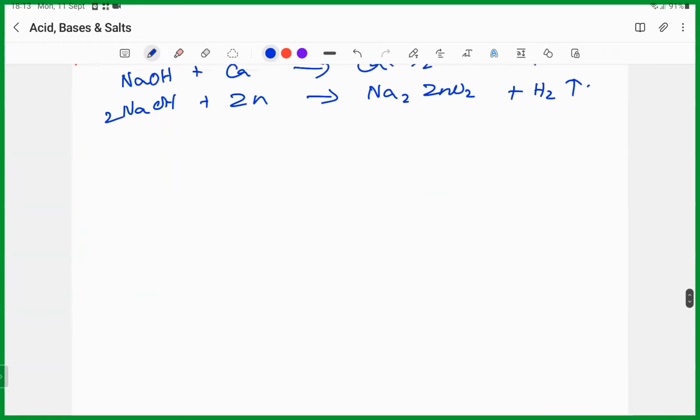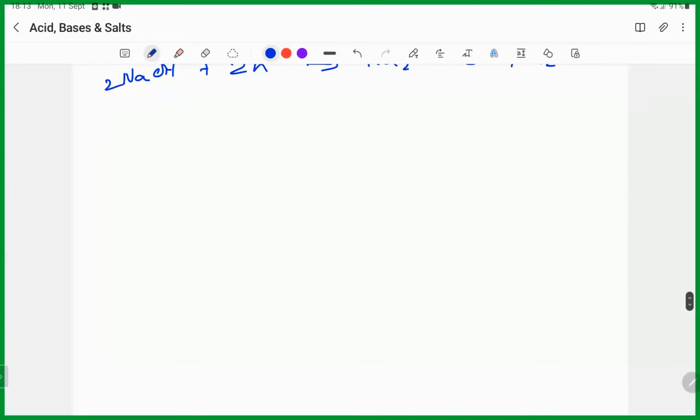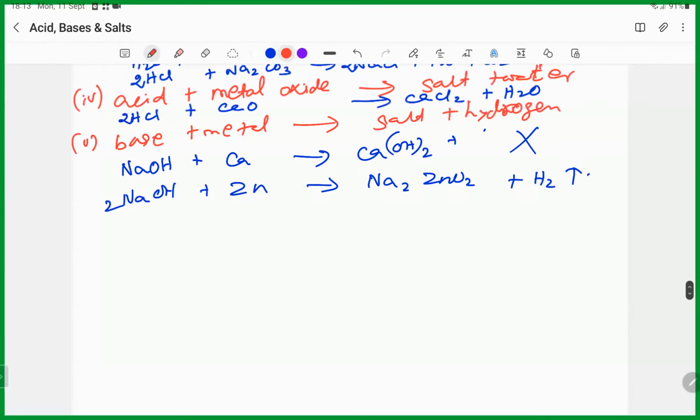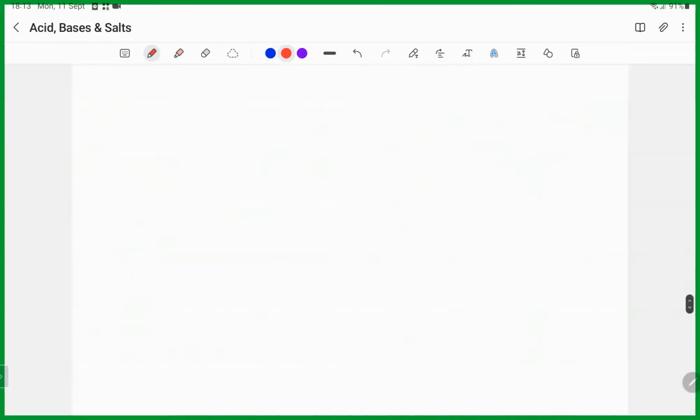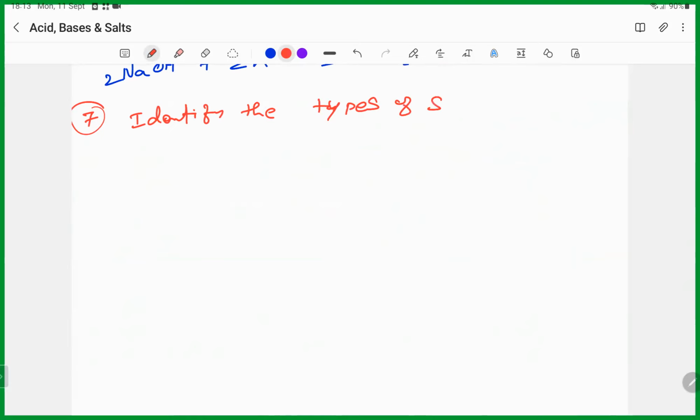Shall we write the next question? How many are there? 7. Identify the types of solution, that means acidic, basic or neutral.